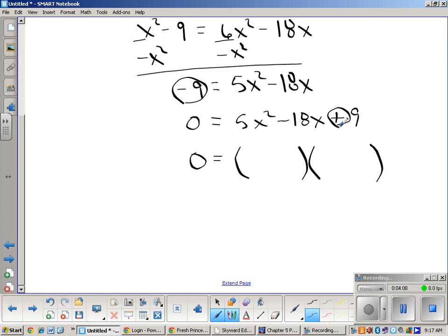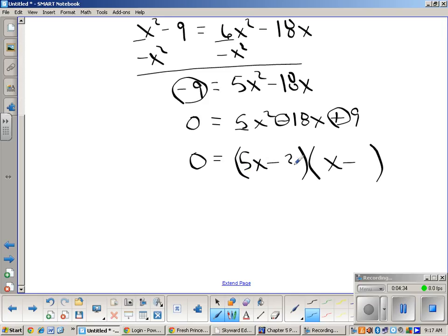This means the signs have to be the same as this one. So they're both negative. I have to have an x, not an x squared, and an x. The only way to get 5 is 5 and 1, so I'm just going to put that in. And then the question is, do I want to use 3 and 3 for 9, or do I want to use 9 and 1?